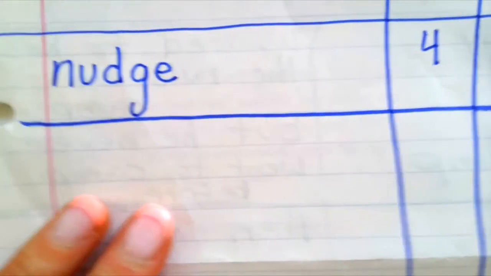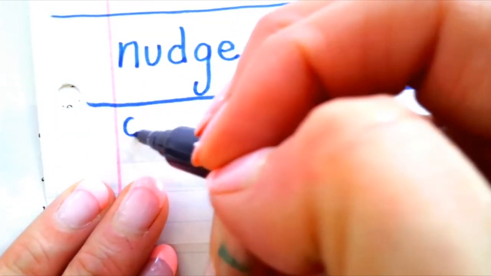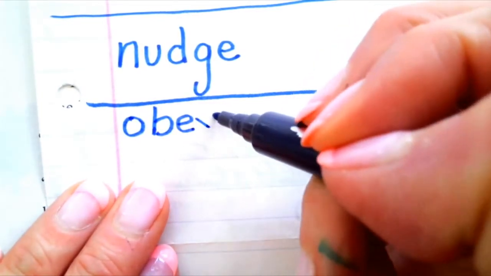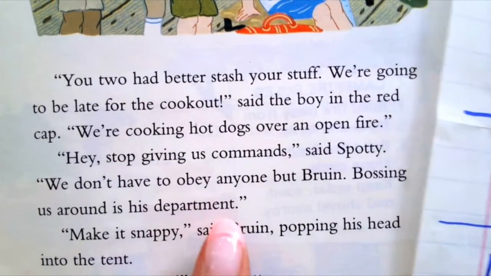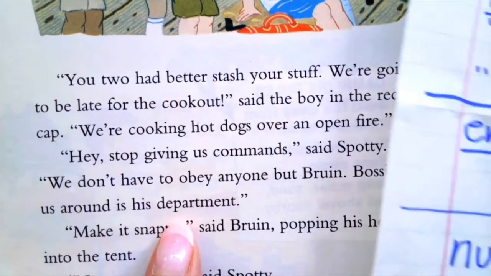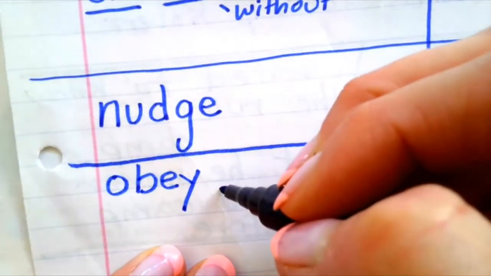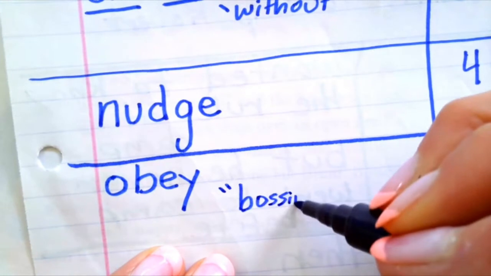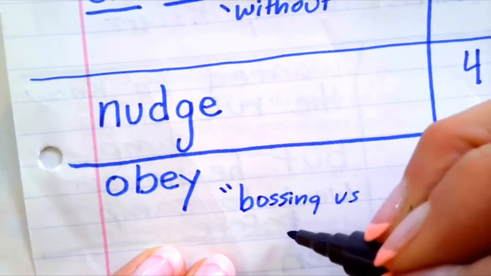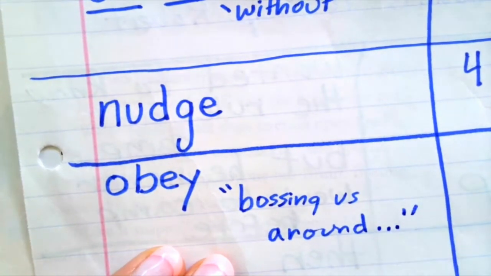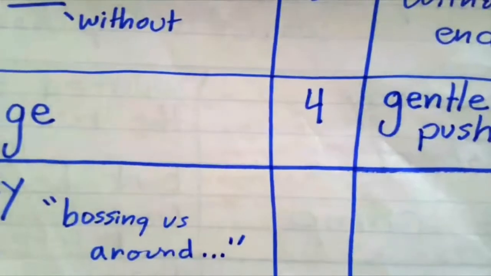Underneath the word nudge, let's write it right here. O-B-E-Y. Obey. There's a context clue here: bossing us around is his department. This is on page 7.